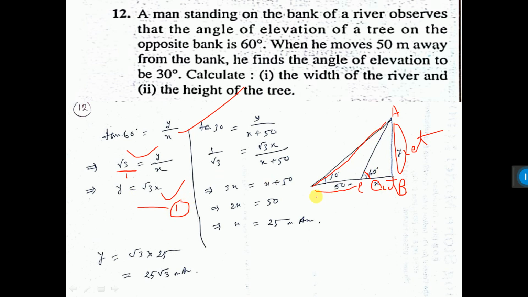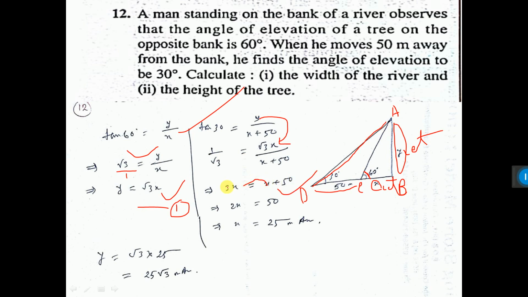Then you take triangle ABD, give here D. Tan 30 equals perpendicular y and base 50 plus x. Now tan 30 value is 1 by root 3, and the y value you got is root 3 x. So put the value of y here. Now cross multiply: root 3 into root 3, that is 3, x equals x plus 50.